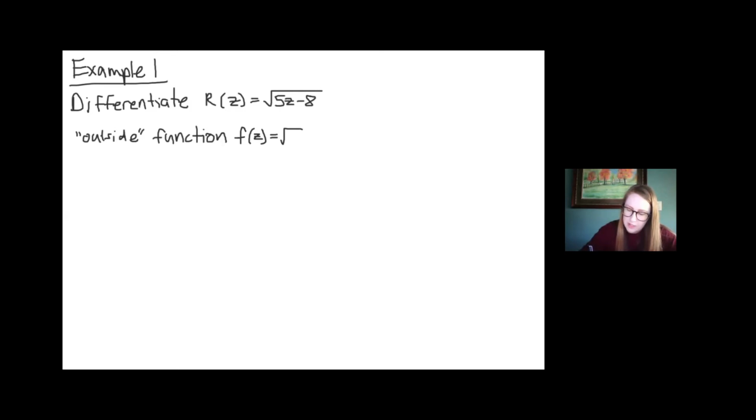The outside function is the square root function. And the inside function, which in our definition is g, inside function is 5z minus 8.